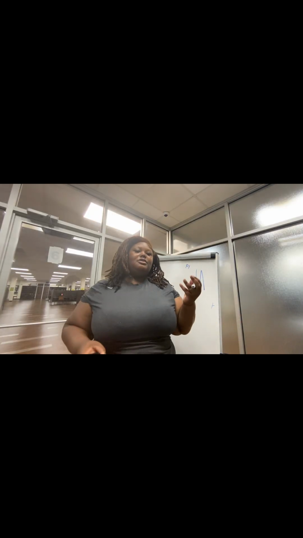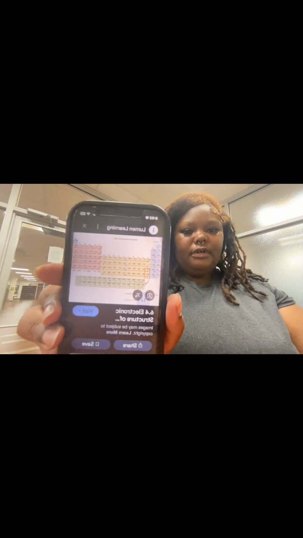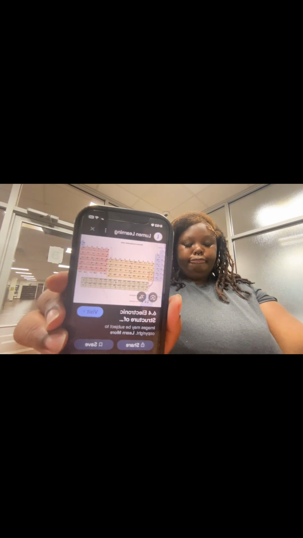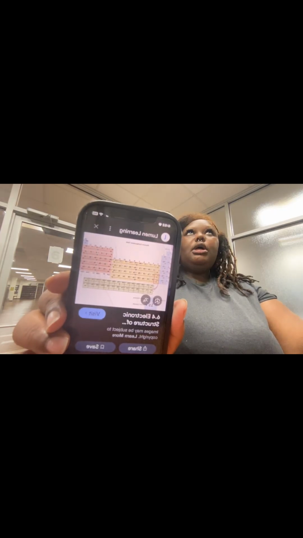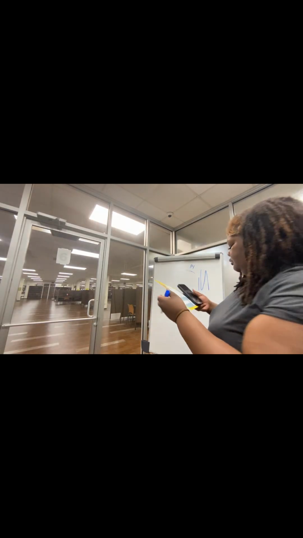Okay, this is my electron configuration for nickel. Like I've said before, the electrons have to add up to 19. I'm going to do my configuration based off of this electron configuration chart. Something to know is that the electron configuration chart mirrors the periodic table.